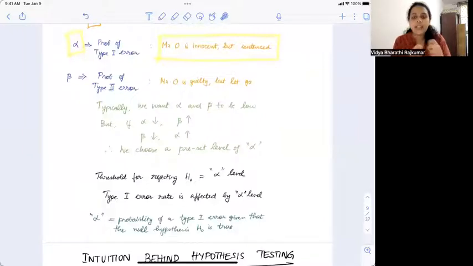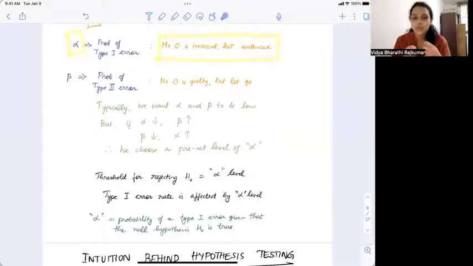That's the leeway, the allowance that I give myself in the beginning of the problem, to say that there can only be a 5% chance that I make a mistake like this. And I'm willing to accept and acknowledge that caveat at the beginning. So that is what we mean by alpha being preset at a certain level, and that's the interpretation and intuition behind the threshold level of significance and the type 1 error.